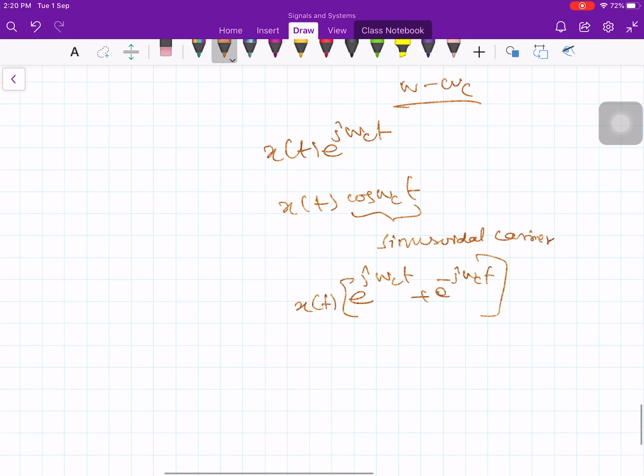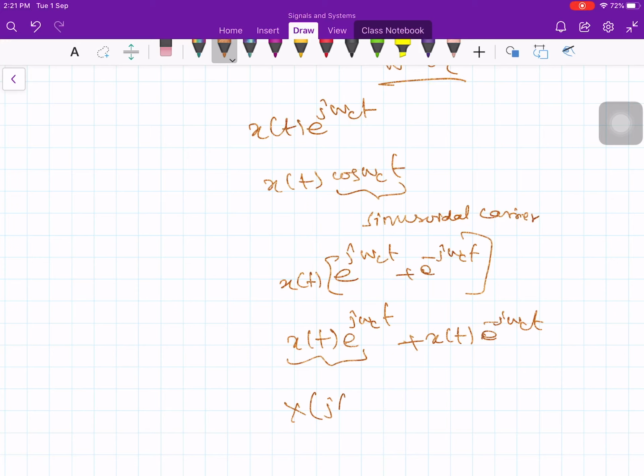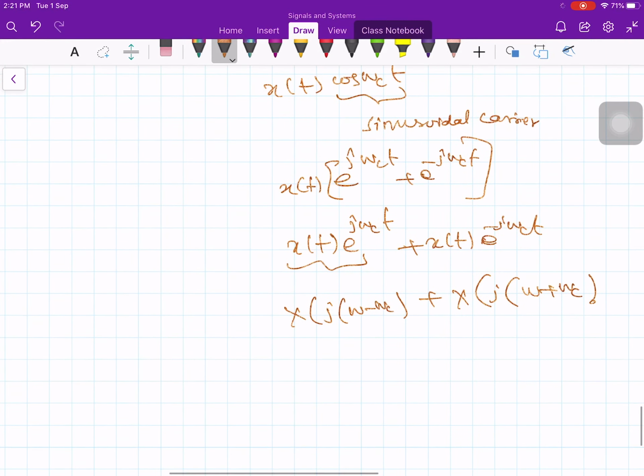So in this case, what will happen? x of t multiplied by e to the j omega ct plus x of t multiplied by e to the minus j omega ct, and the Fourier transform is going to be x of j times omega minus omega c, plus x of j times omega plus omega c. Okay. So you notice the duality between the property of translation in time and translation in frequency. This is translation in frequency.